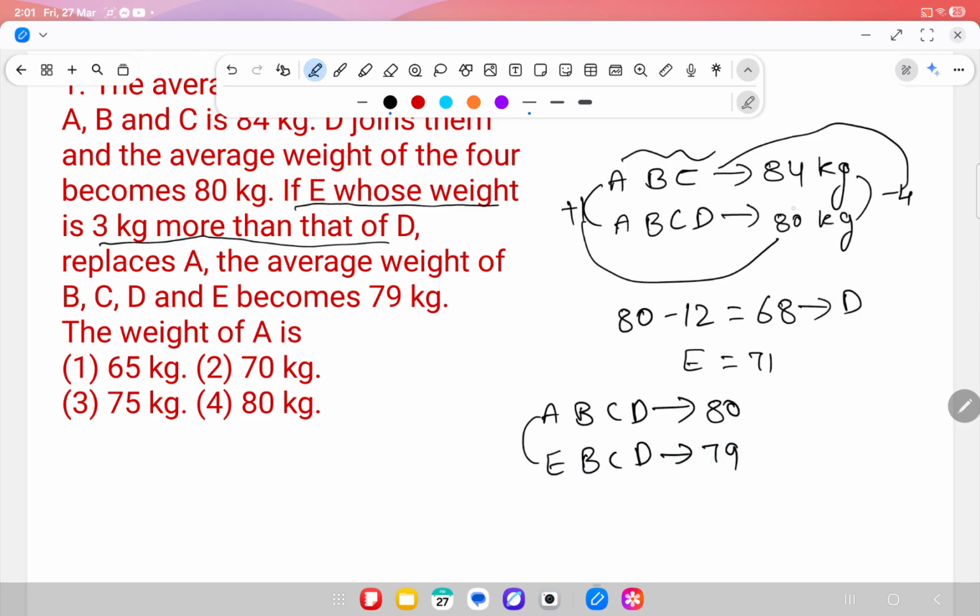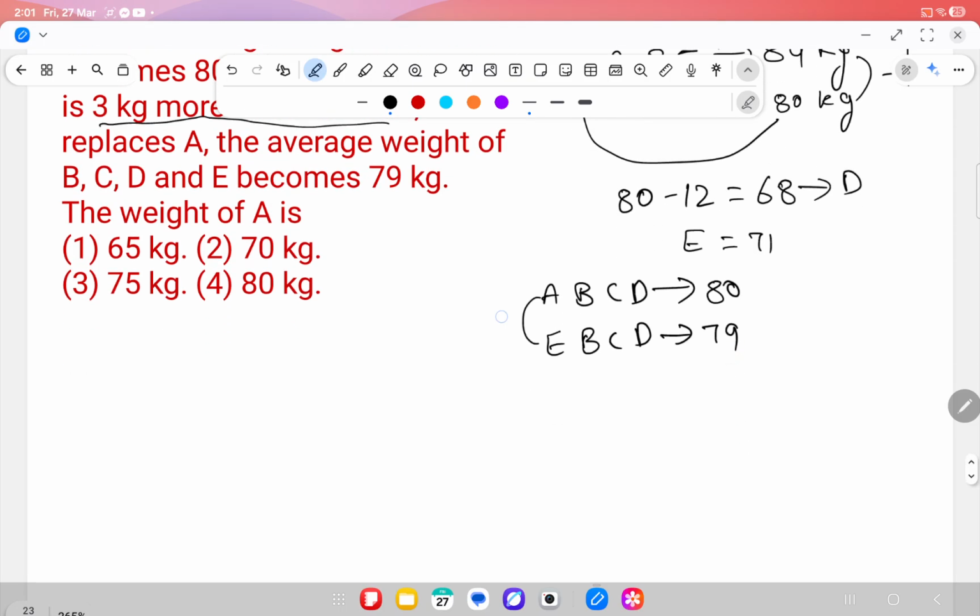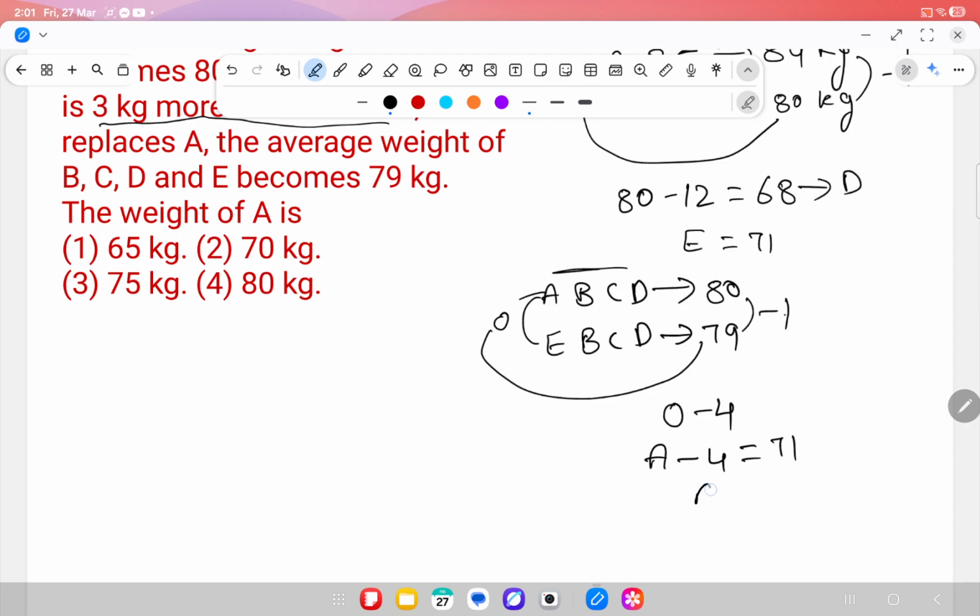How many people joined now? None, 0. Then here minus 1. So 0 into 79 is 0, minus 1 into 4 people, minus 4. Who was initially there? A left. Who joined? E. E's weight is 71. Then the weight of A is equal to 75. Hope you understood this.